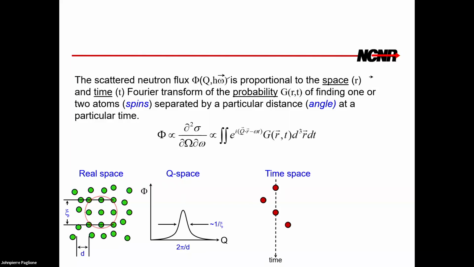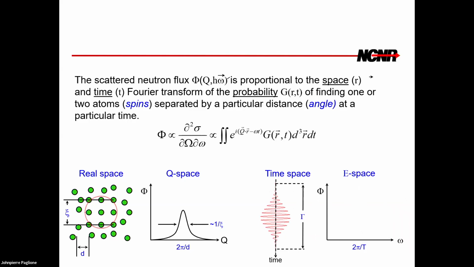If you have a periodic array, it looks like that, and that's a period t. So that will give you an energy that's 2π over t, and that's a delta function. But then if you have a lifetime to it, then that will spread out and you measure that lifetime. And Colin talked about that yesterday.